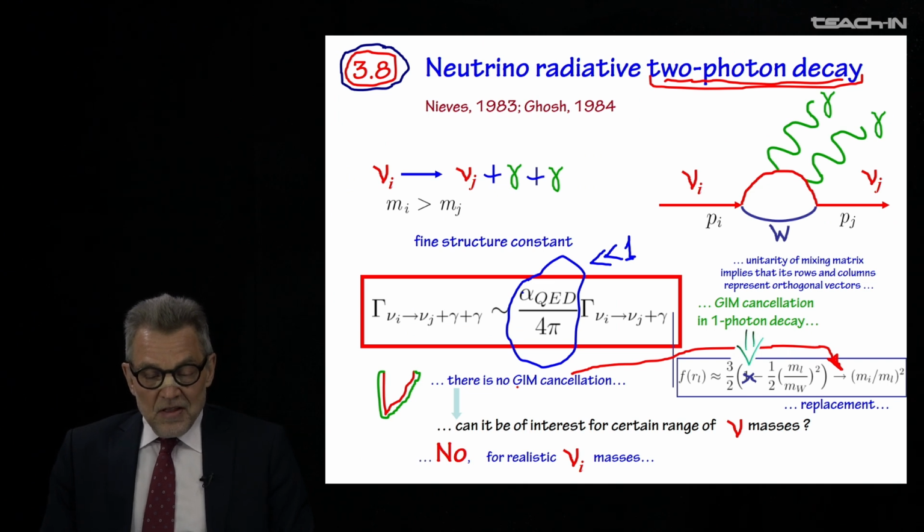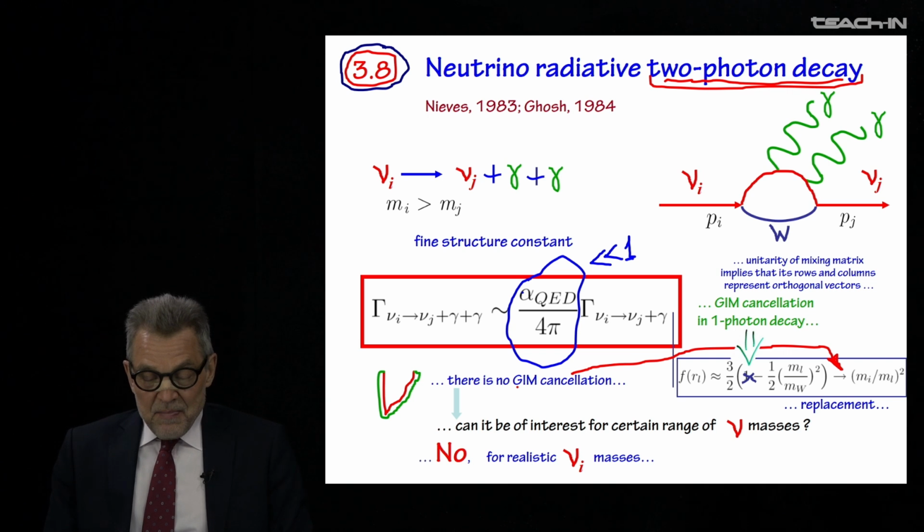So there is another similar process, neutrino radiative two-photon decay. It may happen that not one but two photons are emitted, and this is what it looks like. This initial neutrino is converted to a lighter final state neutrino with emission of two photons. Obviously this diagram is suppressed by the additional coupling with the second photon, and alpha here is the fine structure constant that is much less than 1, as you know.